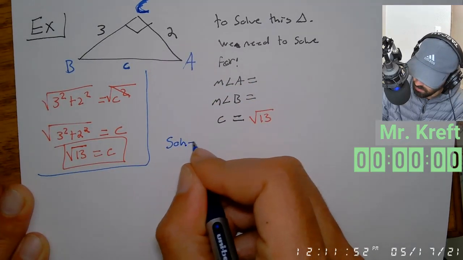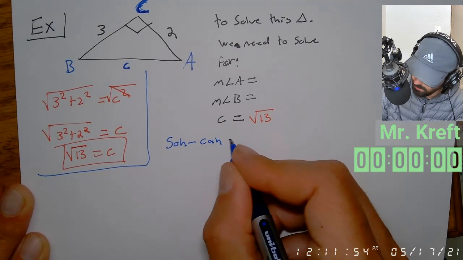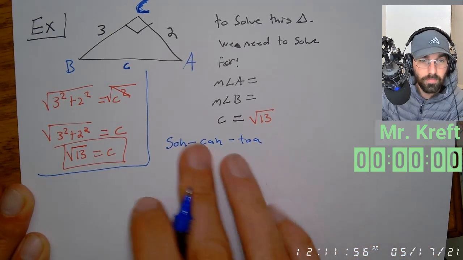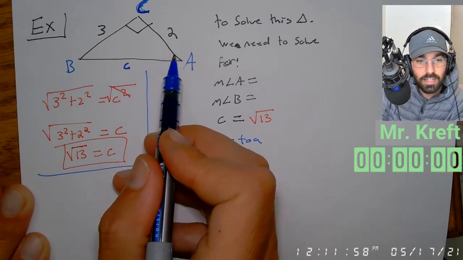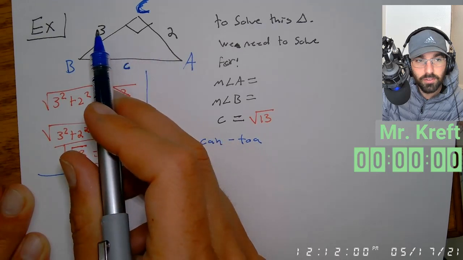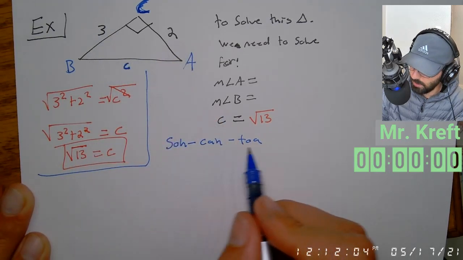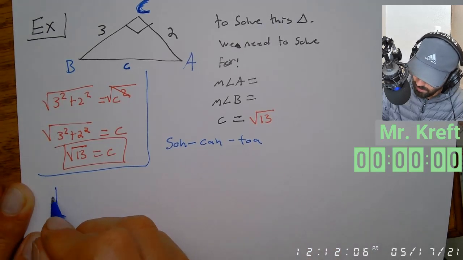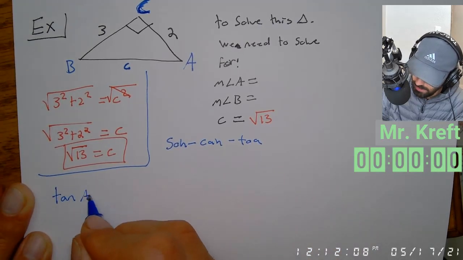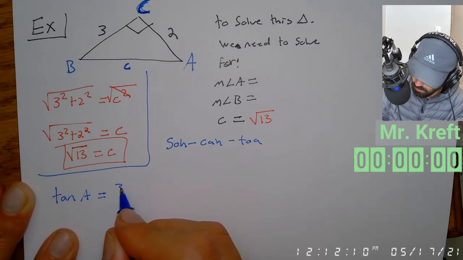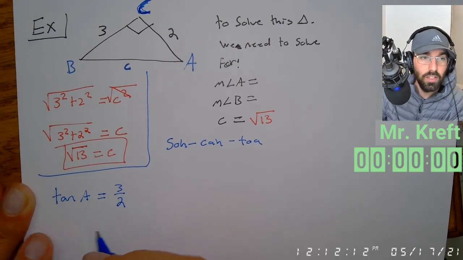So if I write down SOHCAHTOA, if I look at A, opposite of A is 3 and adjacent to A is 2. So opposite and adjacent, I would say tangent of A equals 3 over 2.